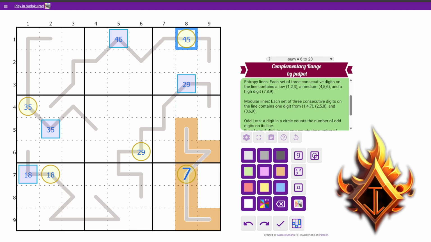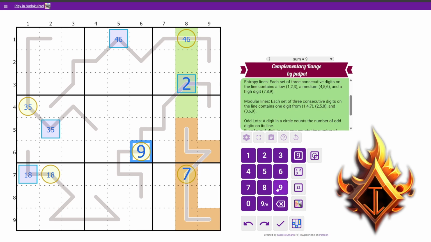So all of these are even. So that is a 2. That is a 9. There are 2 evens on this line.